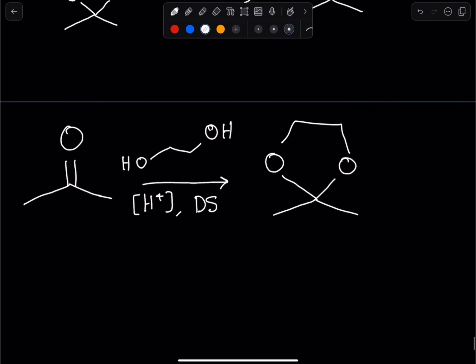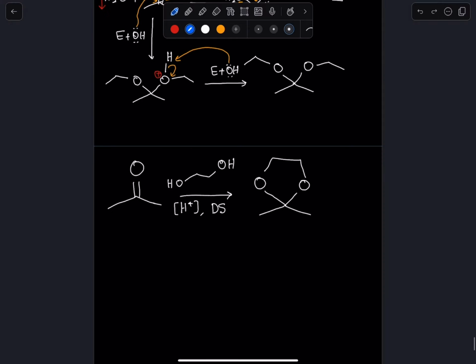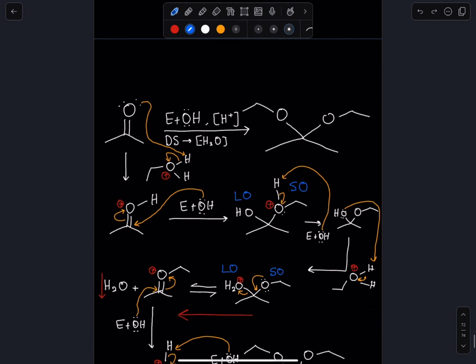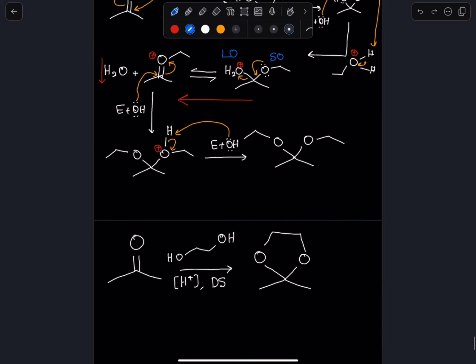Basically, the two alcohols that we use to attack the carbonyl carbon are in the same molecule. They're both here. And they're separated by two carbons, which is why we have two carbons here. So essentially, it's kind of like the other one, but these two carbon chains are connected to each other. Instead of attacking with two alcohol molecules, we attack with one molecule with two alcohol groups on it.